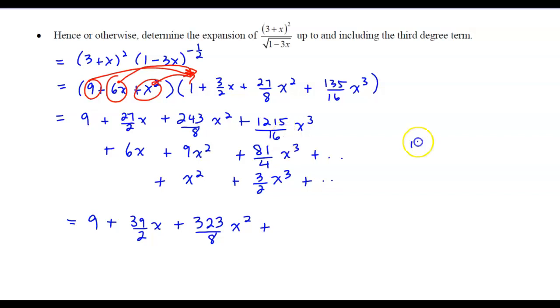What's that going to be? 1215. 4 times that is 324. 8 times that is 24. 13, 6, 5, 1. So that's the polynomial approximation of that expression.